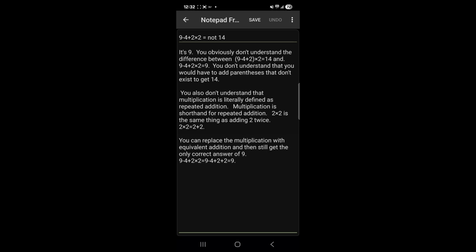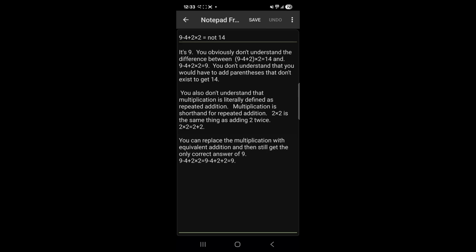If you're getting 14, you obviously don't understand the difference between 9 minus 4 plus 2 inside of parentheses, and then multiplying that by 2 and getting 14, and 9 minus 4 plus 2 times 2 equals 9. You don't understand that you need to have parentheses that don't exist in this problem in order to get 14.